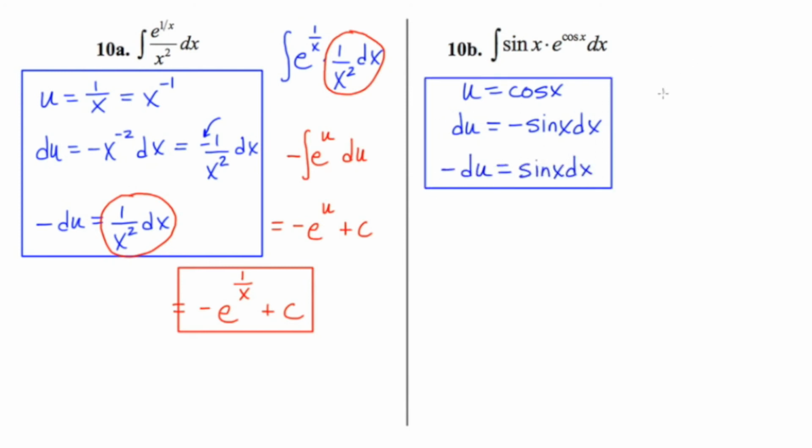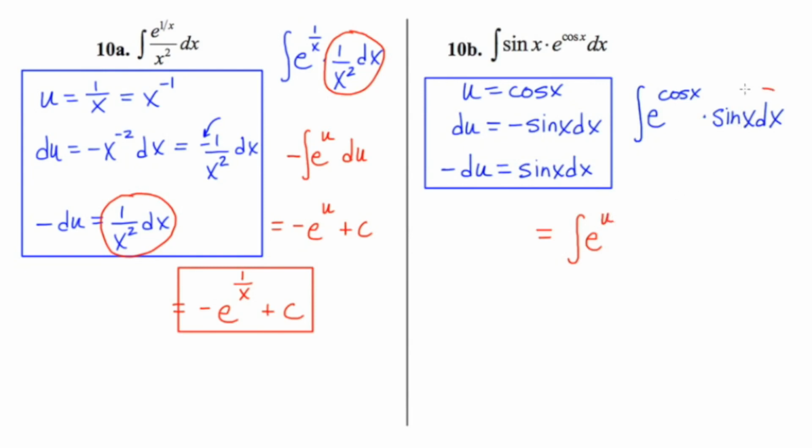Now I'm just going to reorder my integrand just a little bit. Once you get good at these types of problems, that step probably isn't necessary, but I just want to make it very, very clear how I'm doing the u-substitution. So at this point, I'm going to rewrite my originally stated problem exclusively in terms of u. So instead of e to the cosine x, I'm just going to write e to the u.